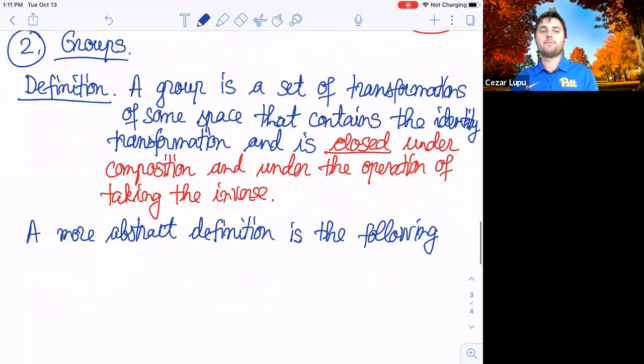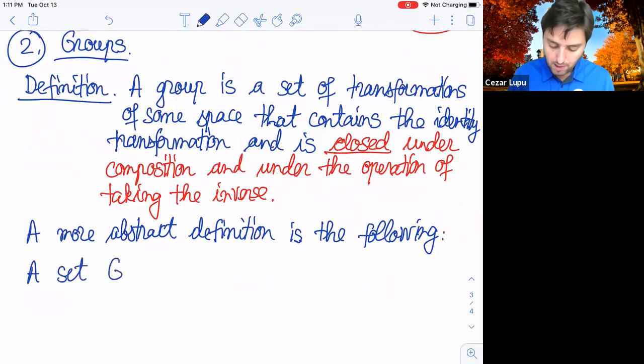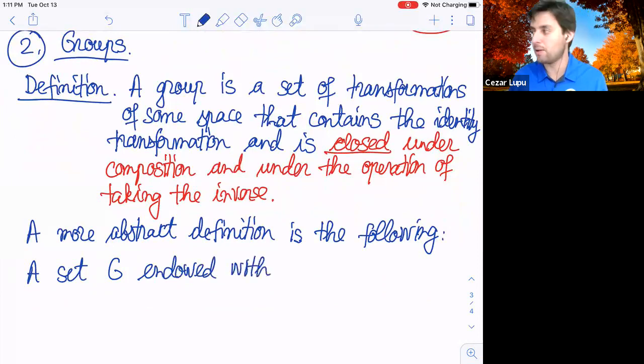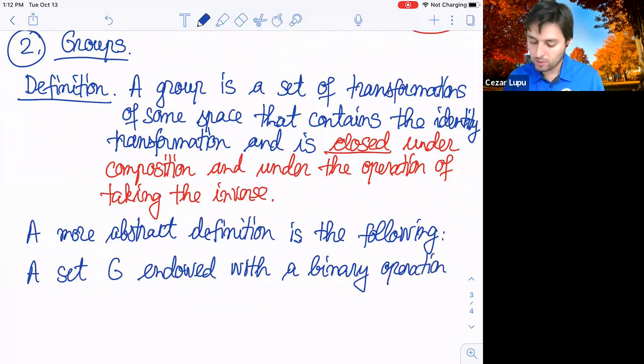For example, let's say a set G, endowed with a binary operation, and this binary operation will satisfy some laws.